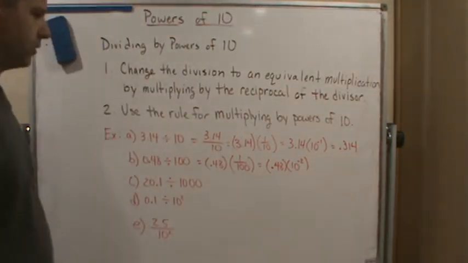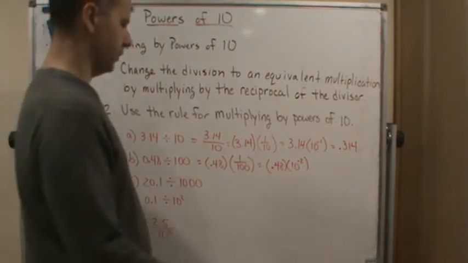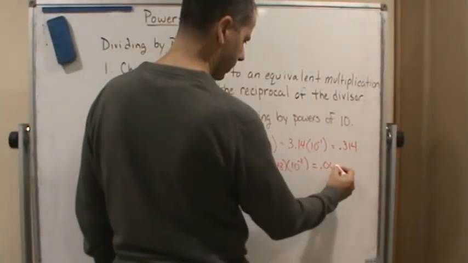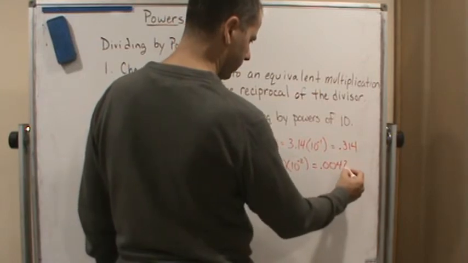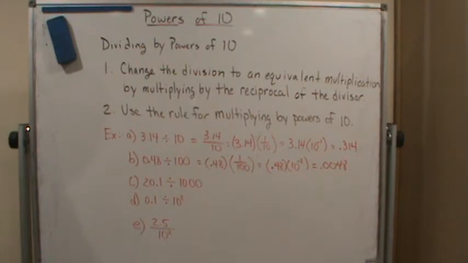Right? And so again, this tells us that we're going to move the decimal point to the left 2 place values, and so this becomes 0.0048. Okay?